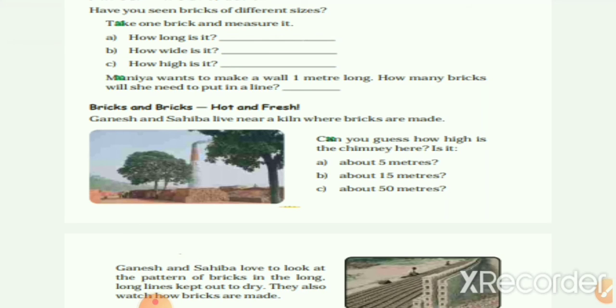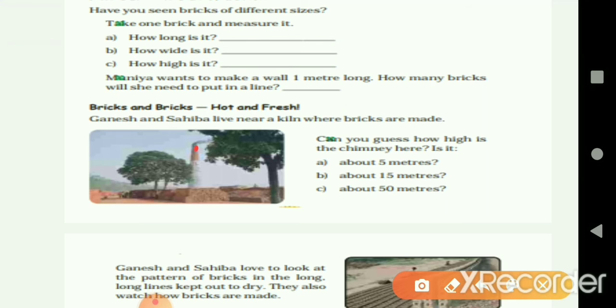See, the picture of a chimney is given here. Look at the chimney. The height of a chimney is about 50 to 60 meters from the land.